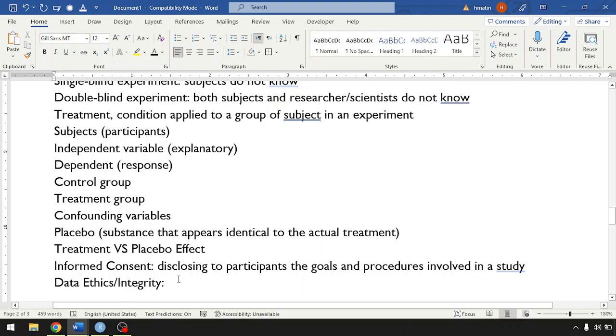And data ethics is pretty much, since in data analysis we have the data already available, if we are extracting it, pulling it from a data source, since we're not dealing with the participant, we have to take into consideration data ethics and data integrity.